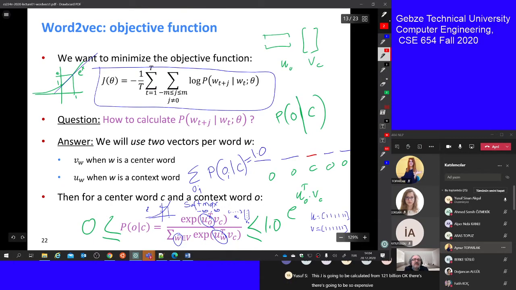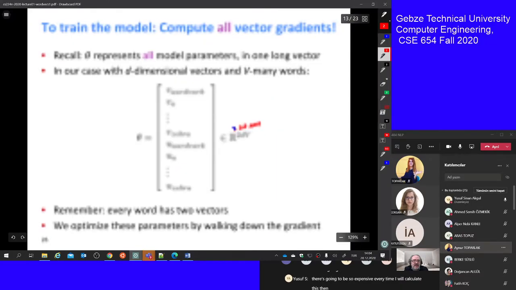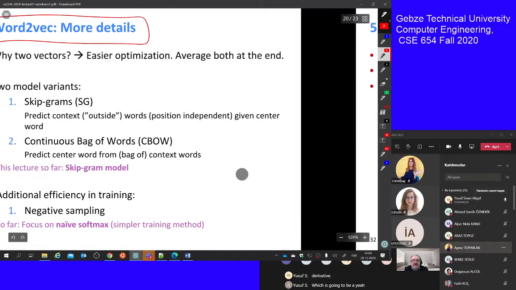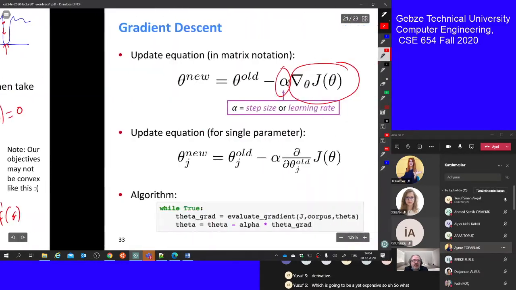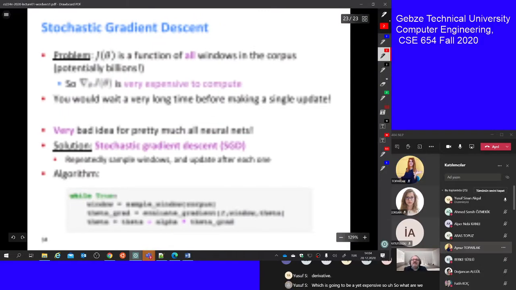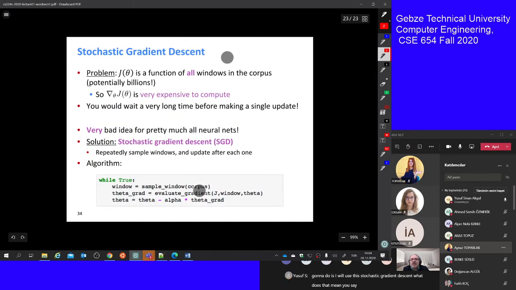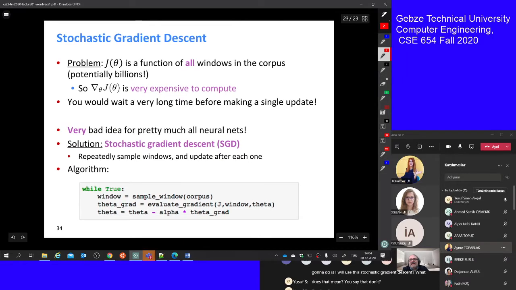Every time I calculate this, then after the calculation I am going to take this derivative, which is again expensive. So what we are going to do is use stochastic gradient descent. What does that mean? Don't calculate this J theta on all the word positions.